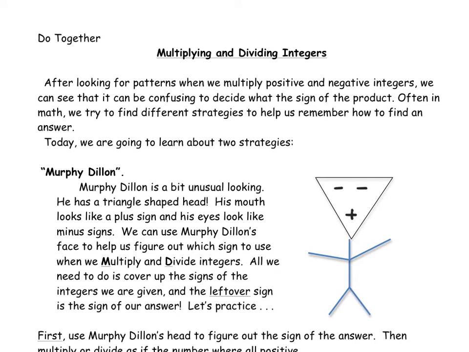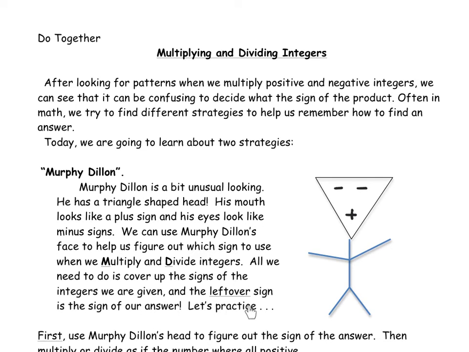It goes on to say we can use Murphy-Dillon's face to help us figure out which sign to use when we multiply and divide integers. All we need to do is cover up the signs of the integers that are given, and the leftover sign is the sign of our answer.